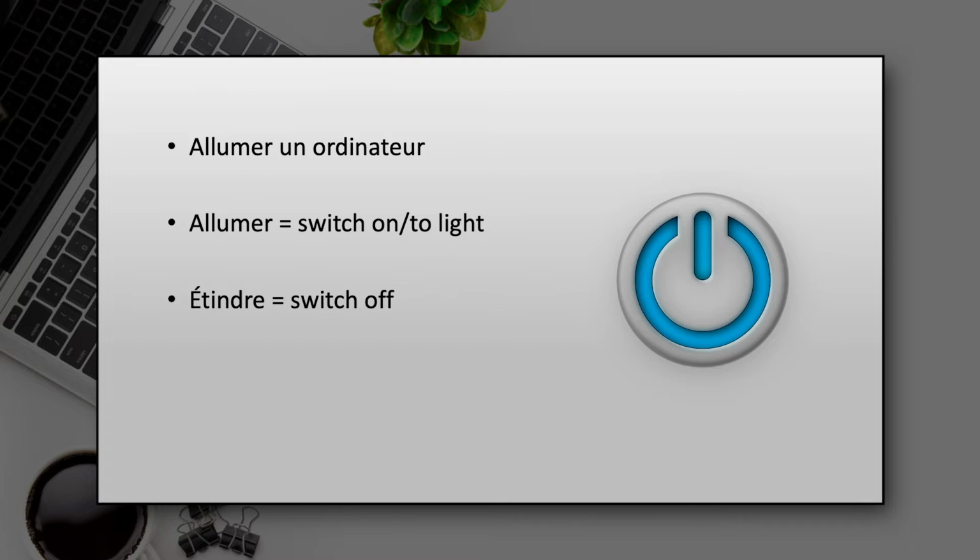Allumer un ordinateur means to switch on a computer. And similarly, éteindre. Éteindre means to switch off. J'allume mon ordinateur means I am switching on my computer.